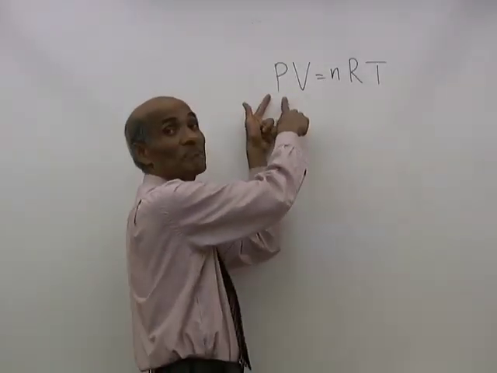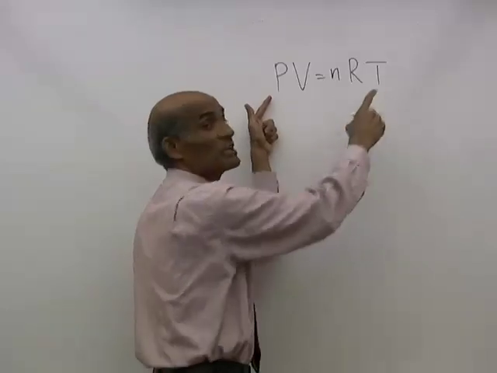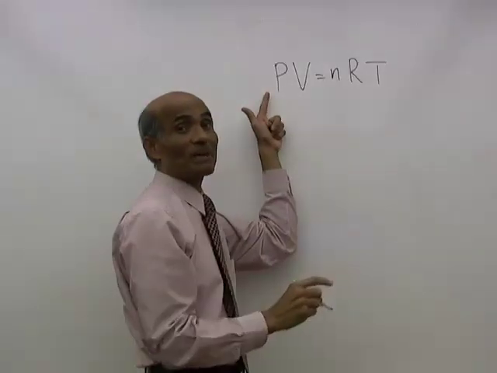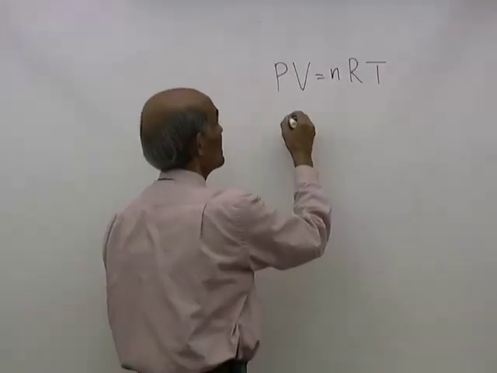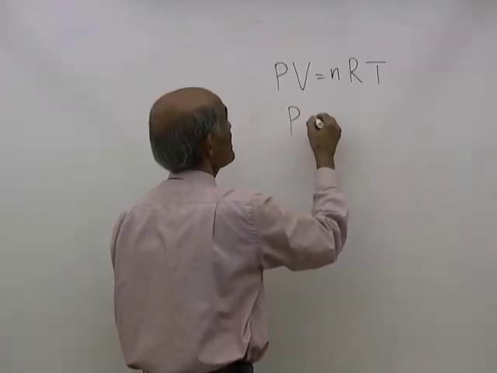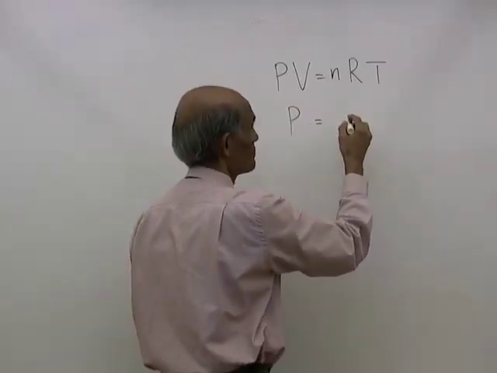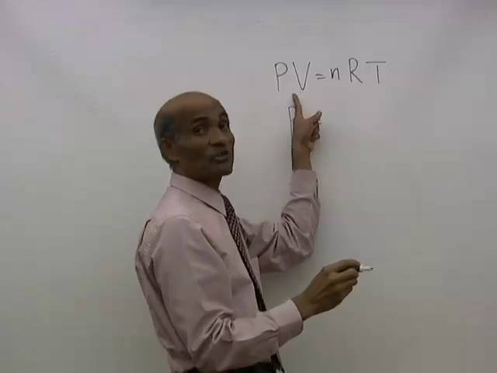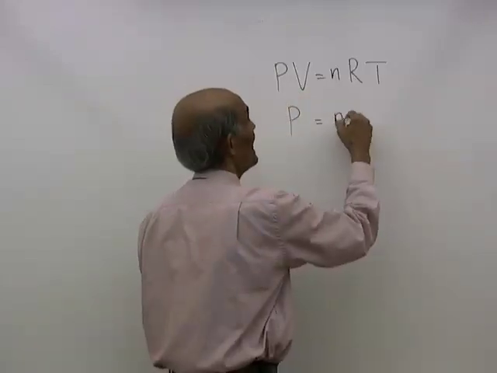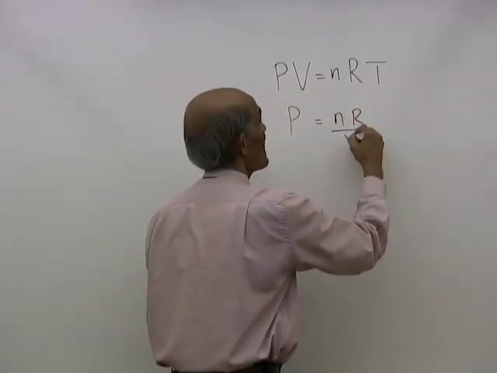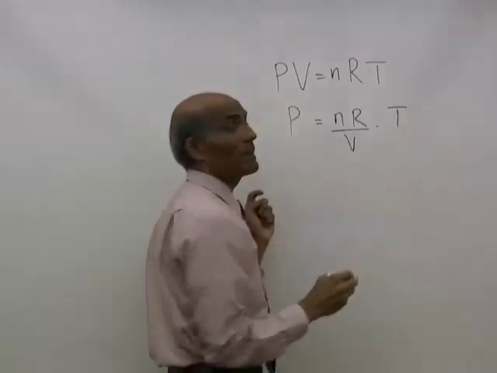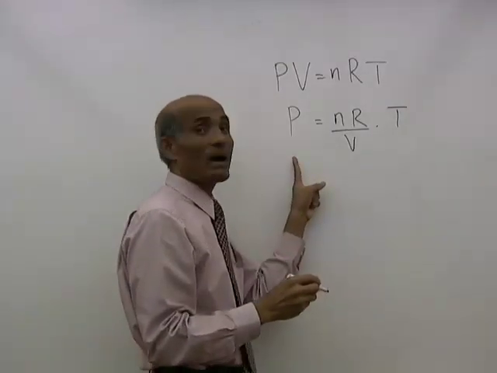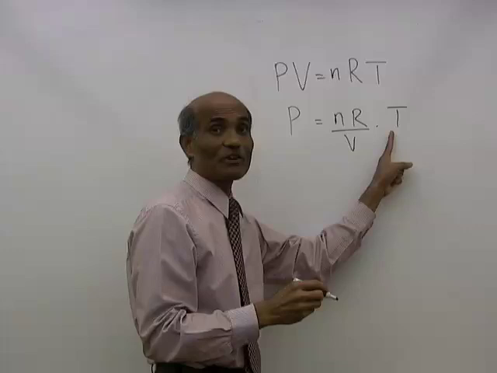Solve for the dependent variable. Temperature is the independent variable, pressure is the dependent variable. So you get pressure equal to, volume is a constant, nR divided by V multiplied by T. So you get y equal to mx.